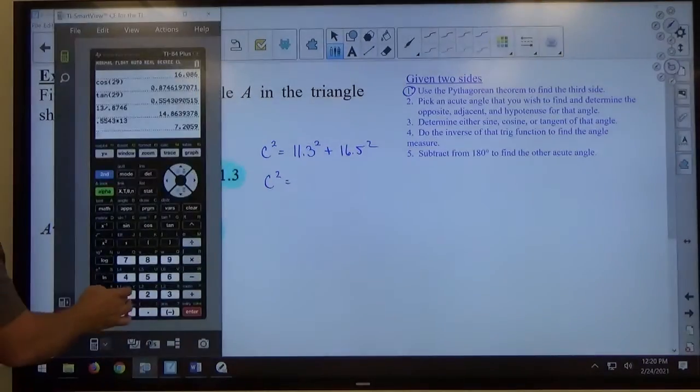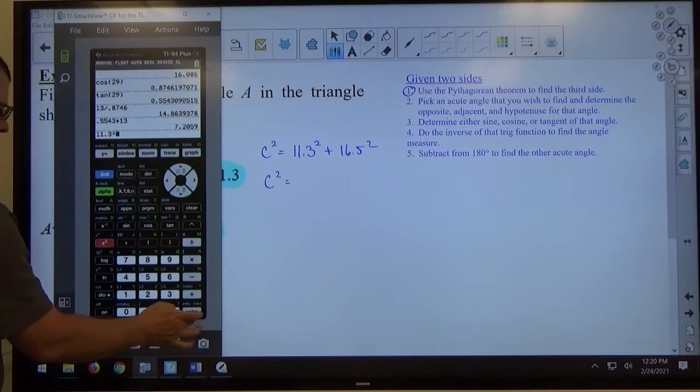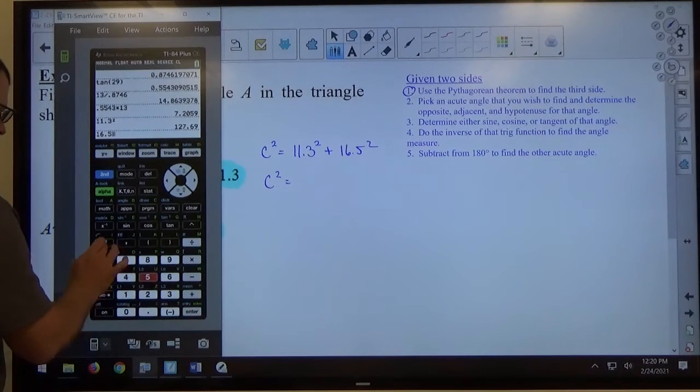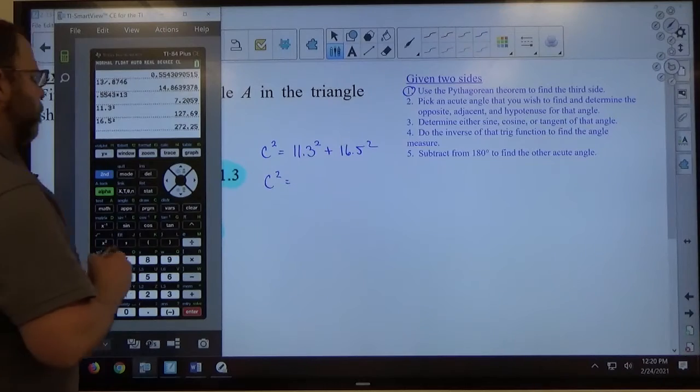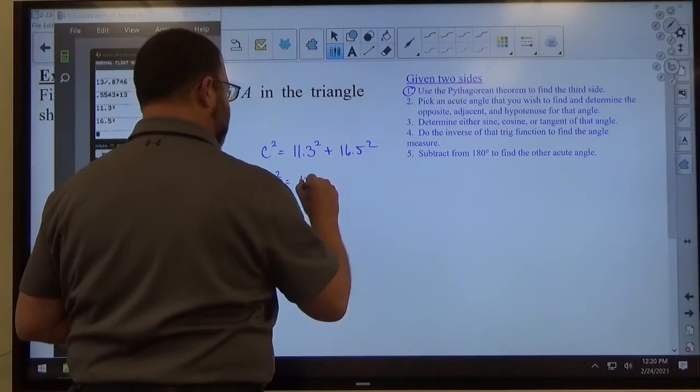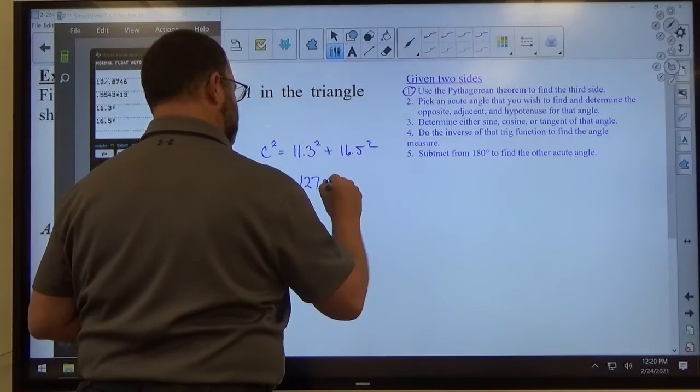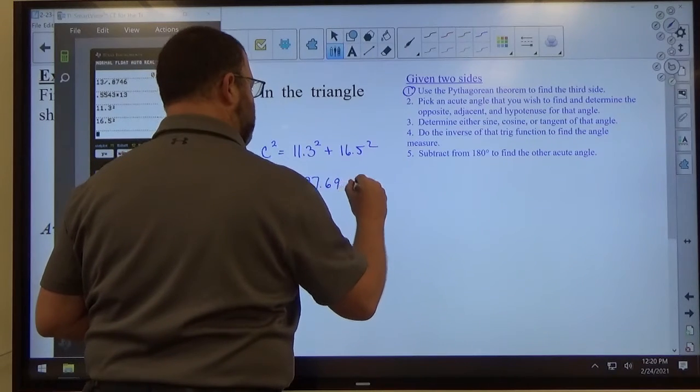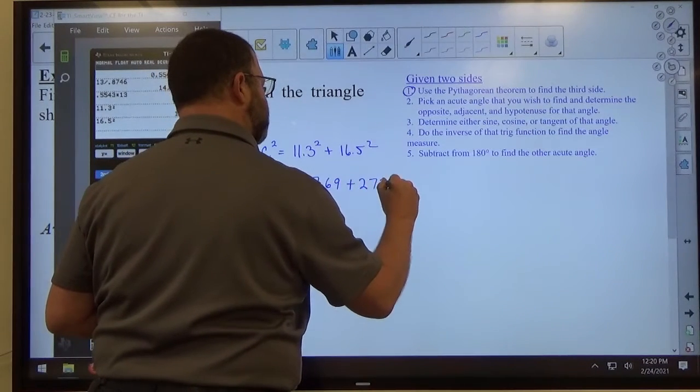Grab our calculator, type in 11.3 squared and 16.5 squared to get those numbers. So we get 127.69 plus 272.25.